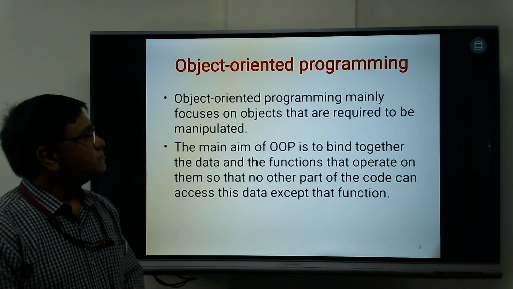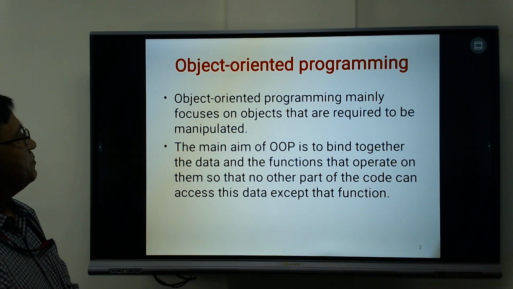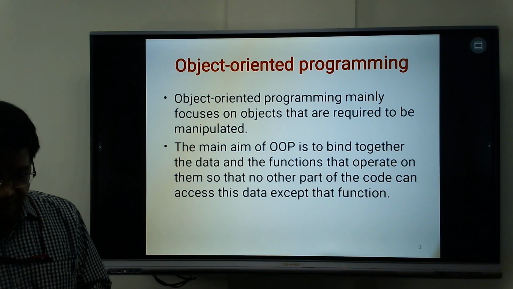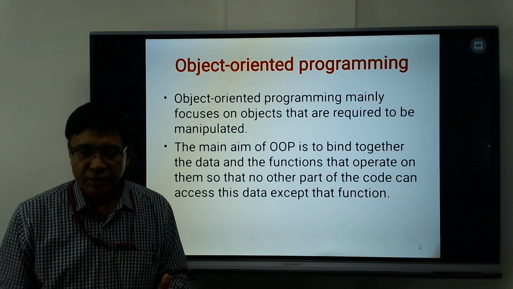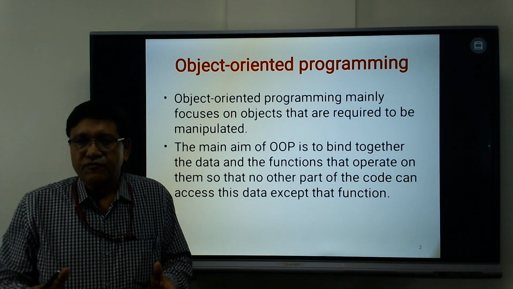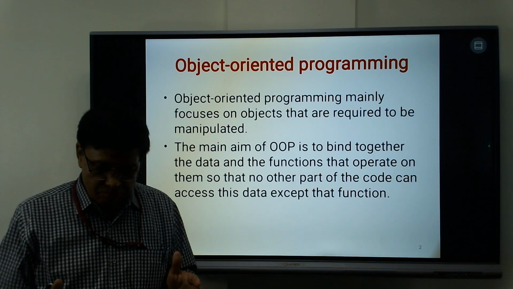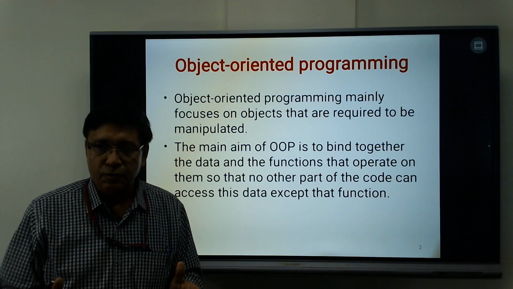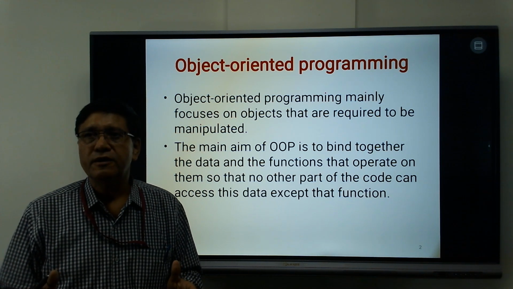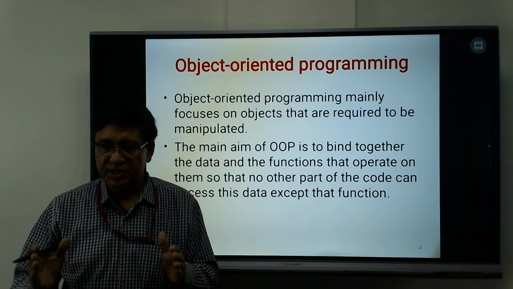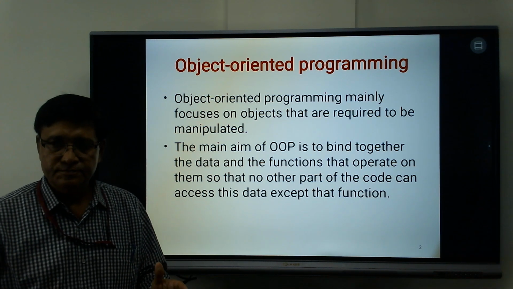very well. Object-oriented programming mainly focuses on the objective that is to be manipulated. See, there is a concept of class in object-oriented programming. That concept of class means normally whenever we are writing the program, that program is made up of data variables and the functions.